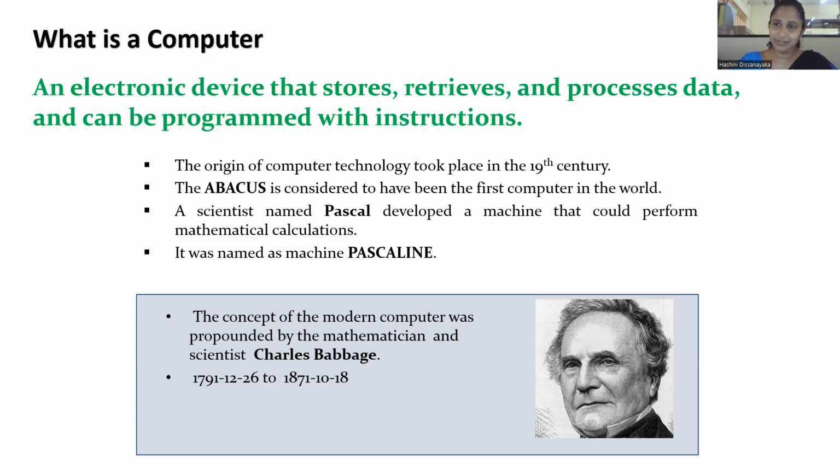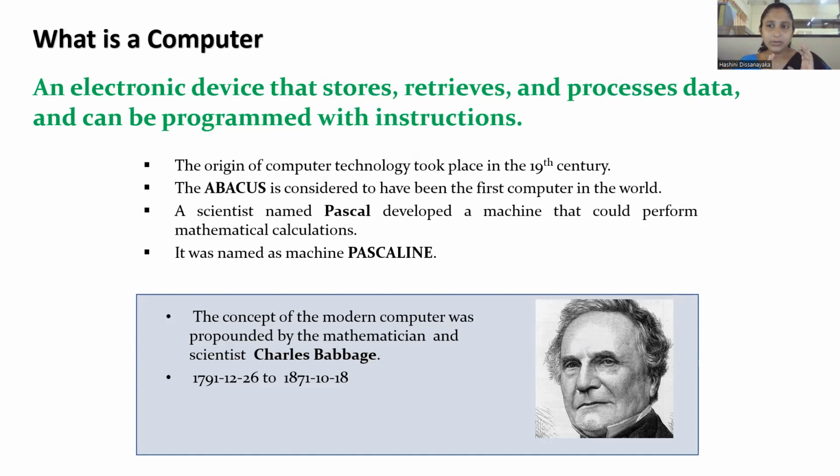It works based on the instructions you give, gets the data we insert into the machine, processes it and retrieves it. If we want, it can store this data inside the machine, and those options are already available.